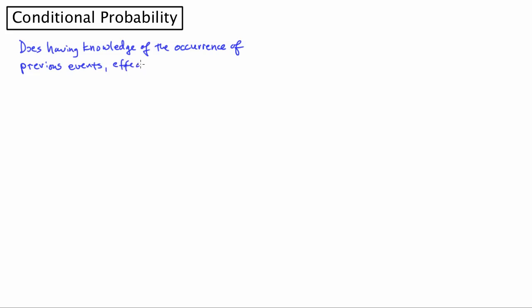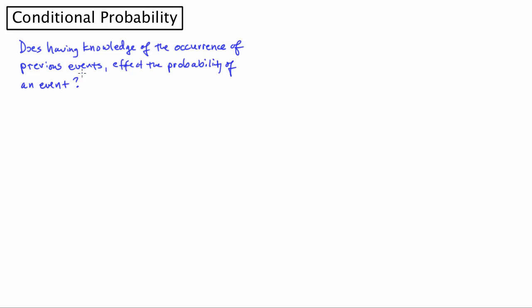To talk about the idea behind it, I want to look at the question that we're trying to answer in this Mathcast, and that is, does having knowledge of the occurrence of previous events, in other words, knowing what happened before, does that affect the probability of an event?